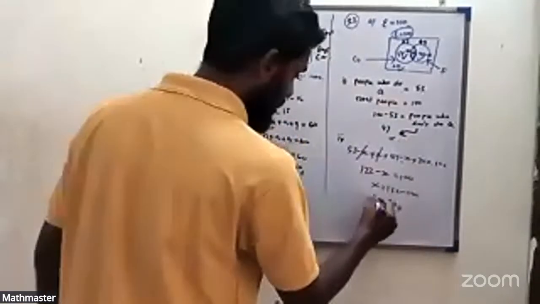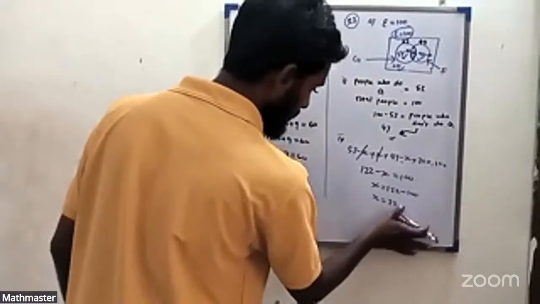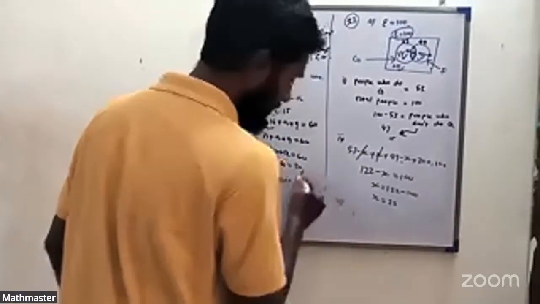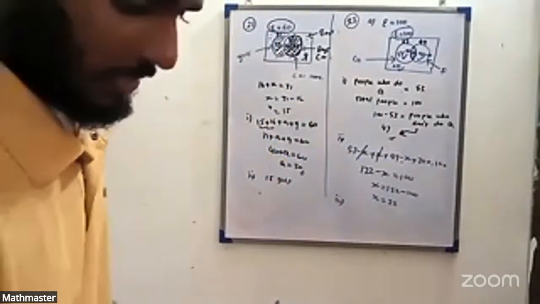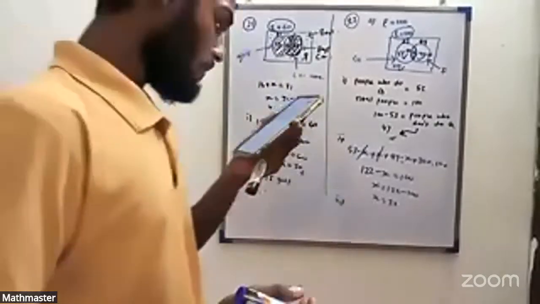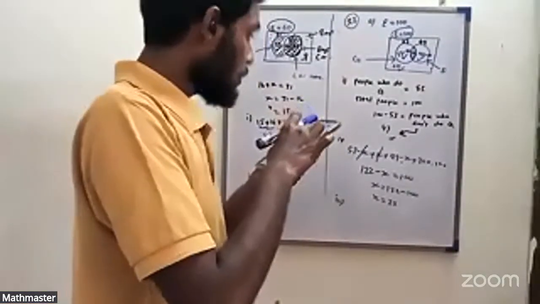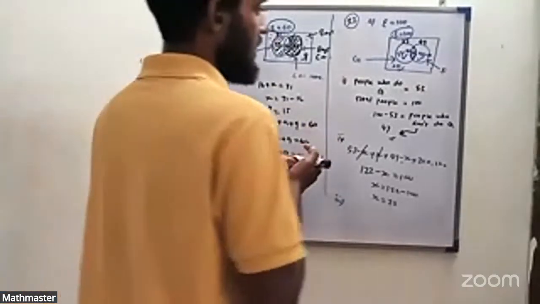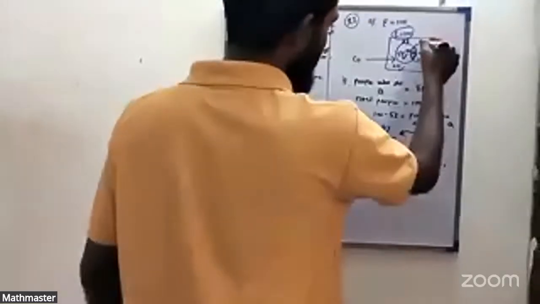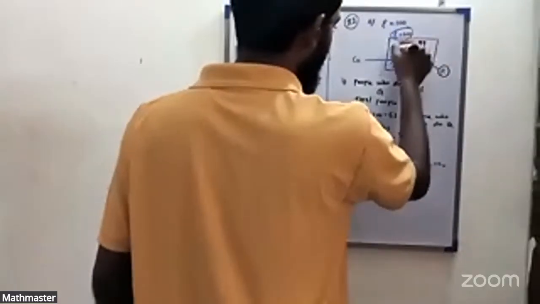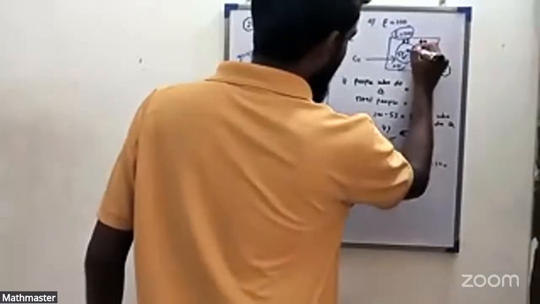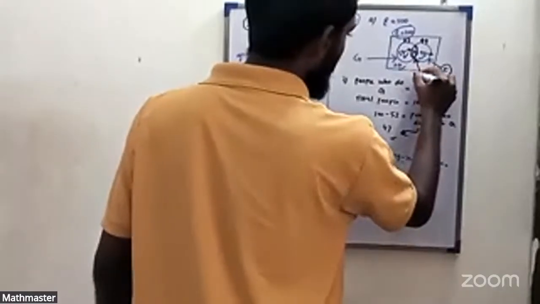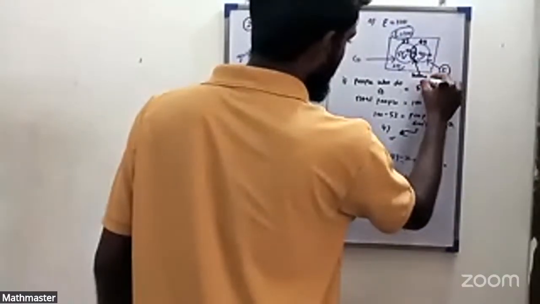Now we found the value for X. Let's move to the third Roman number. It says how many men from the total group do government jobs? Men who do government jobs. Now see the regions. This is females, that means women. This subset is women. This subset is government jobs, so this one is the women who do government jobs.